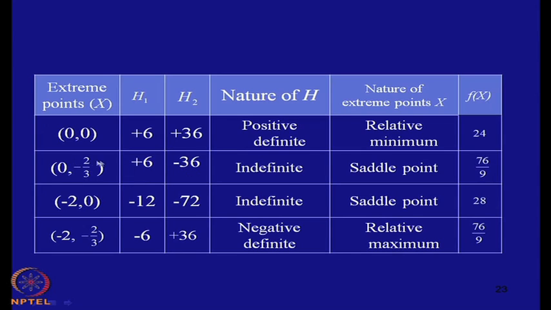We cannot conclude positive or negative definiteness, because for positive definiteness all principal minors starting from the first must be positive, and for negative definiteness the signs must alternate starting from negative. Since the first is positive and the next is negative, the Hessian matrix is indefinite and the extreme point is a saddle point, meaning neither maximum nor minimum.